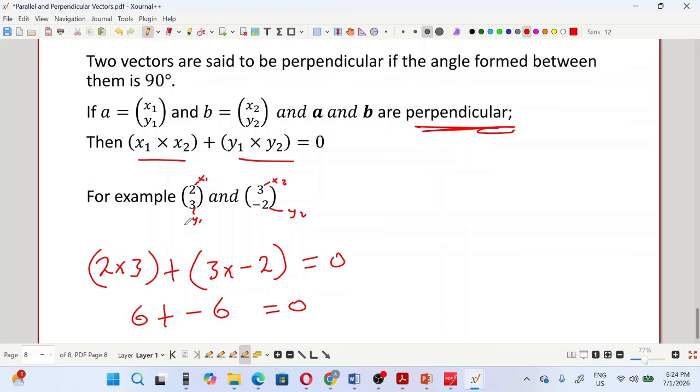And it's really true. 6 plus negative 6 is going to be 6 minus 6, which is 0. So it tells you it's really true, based on this definition too, that this is perpendicular. But if you multiply and it's not equal to 0, then it's not perpendicular.